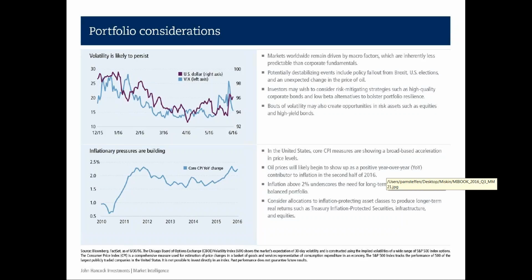Within fixed income, we're not really taking a lot more risk across our platform because we think that it's not a great thing to do with the volatility that could increase, and that's why we're holding investment-grade corporate bonds as our core. We are adding a little bit of high yield to add some return potential and to get a greater yield for our investors, but we're not going out on the risk spectrum.